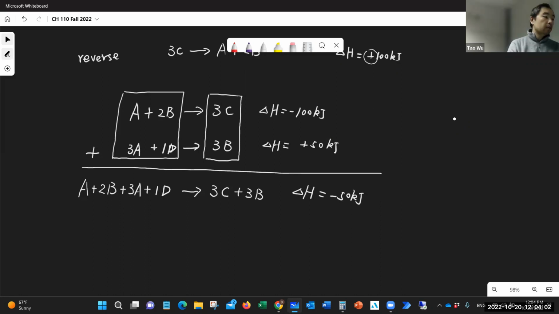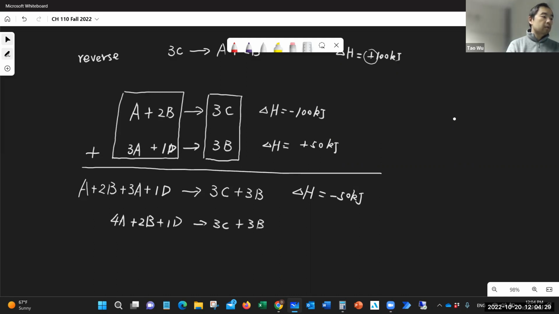But you have to calculate a little bit to simplify this equation. Now A plus 3A, so you have 4A, plus 2B and plus 1D to form 3C plus 3B.